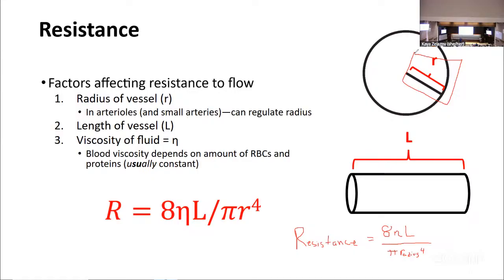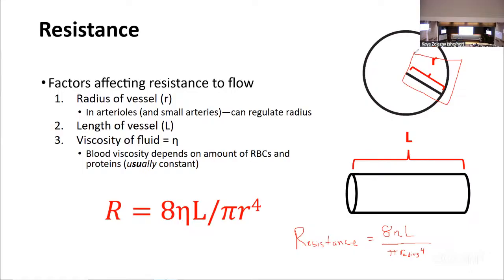We're going to see that those are things that affect resistance and therefore blood flow. The way they're going to affect those things is because things like norepinephrine have an effect on the radius of blood vessels, right? So our blood vessels are going to be able to get narrower and wider.